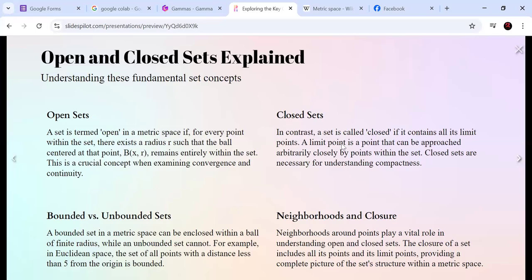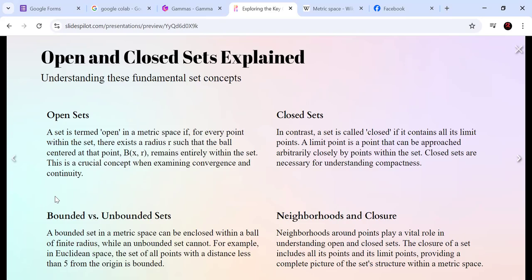A limit point is a point that can be approached arbitrarily closely by points within the set, and closed sets are necessary for understanding compactness. तो ओपन सेट के अंदर रेडियस के अंदर के तमाम एलिमेंट होंगे जो कन्वर्जेंस एंड कंटिन्यूटी को शो करेंगे, जबकि क्लोज सेट के अंदर हमारे पास जो लिमिट पॉइंट्स होंगे वो भी इंक्लूड हो जाएंगे.